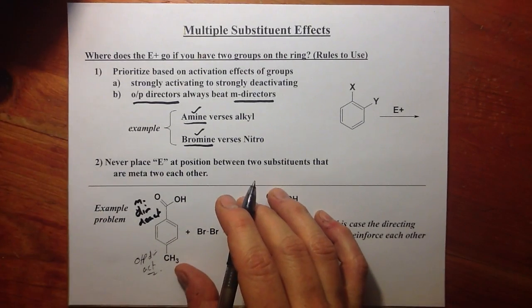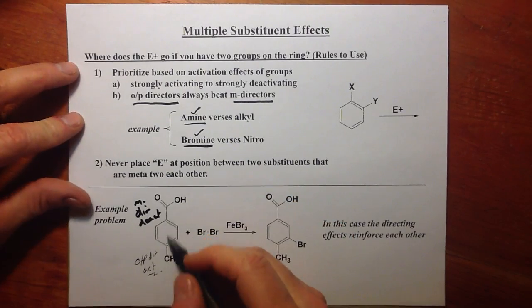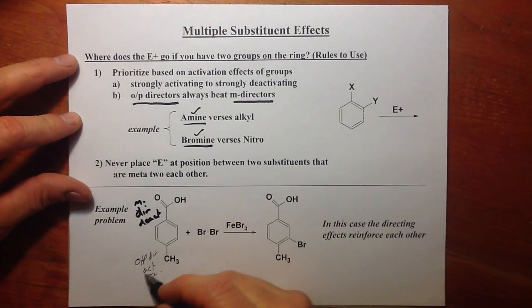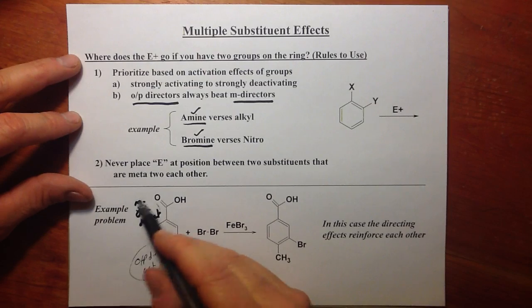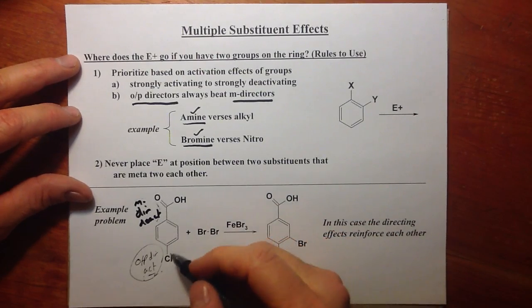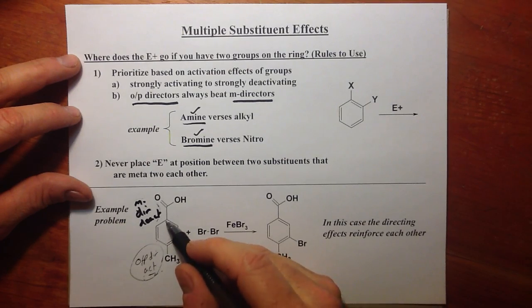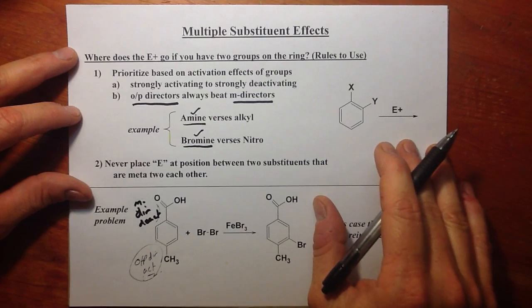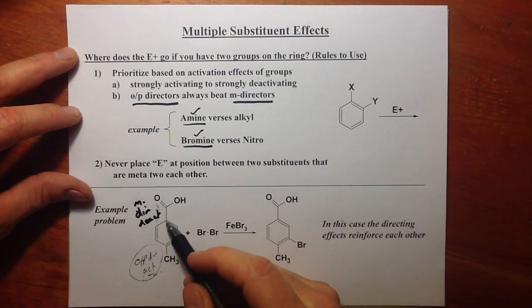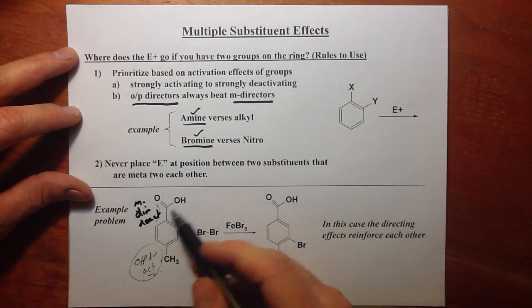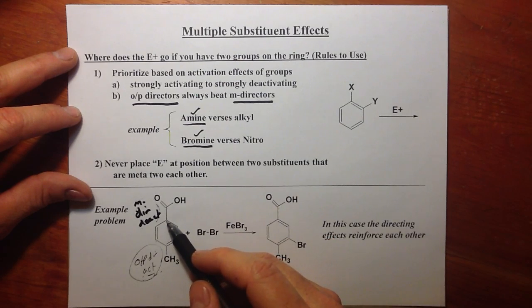So we have done the analysis of the two groups off the benzene ring. One's an activator, one's a deactivator. Well, right there we know this one is going to have the greater influence. It tends to send things to the ortho and para positions. Now the para position here cannot be reacted with because we have no proton here.